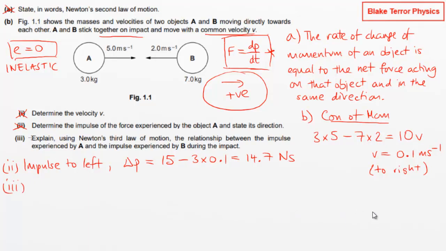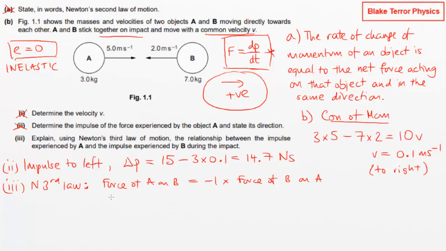Right, explain using Newton's third law of motion the relationship between the impulse experienced by A and the impulse experienced by B during the impact. Okay, so Newton's third law is telling us that the force of A on B is equal to -1 times the force of B on A. So the forces are equal and opposite that they're exerting on each other.